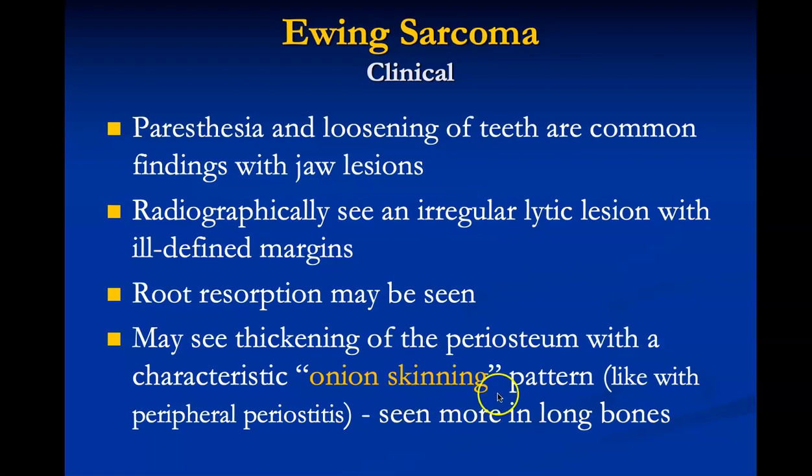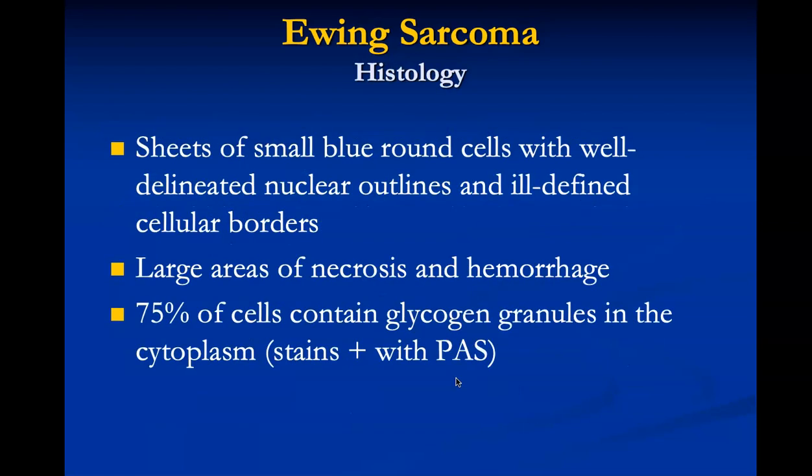An interesting feature with Ewing's is that you might see onion skinning, or those laminated layers on the periosteum, similar to what you would see with peripheral periostitis, which is a benign lesion. It's seen more commonly in the long bones than in the jaw, but it can be seen. I've seen one or two cases in the jaws that actually show this onion skinning or laminated appearance.